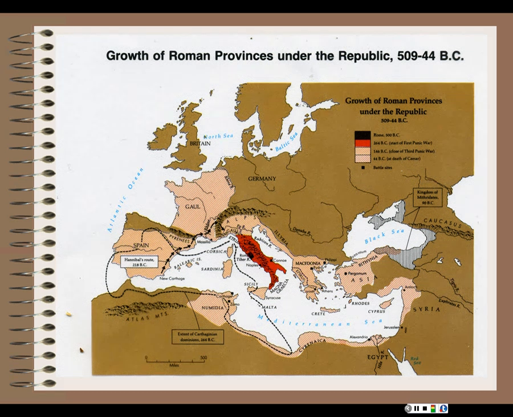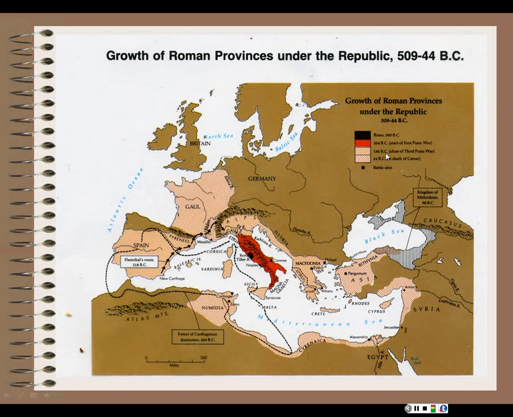And so this particular map shows the growth of the Roman provinces under the Republic and all the way up to the time, really, of Julius Caesar. And the reason why I like it is it's going to show you some things happening in terms of the Punic Wars. So by the start of the First Punic War, here we see Rome, as I said, what it looked like. It did not, of course, include Sicily at that time, just the peninsula itself.